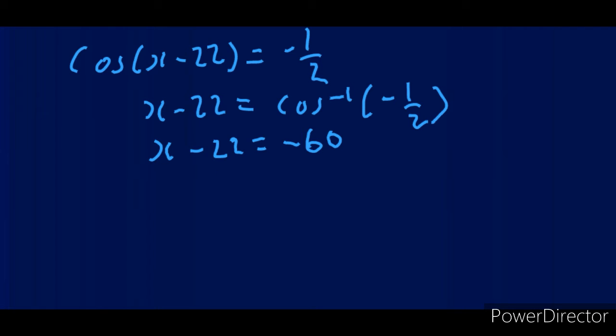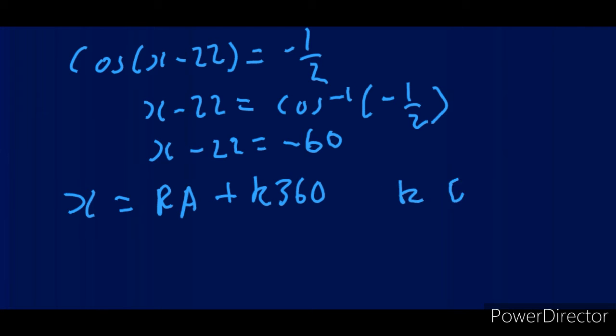So in this case, we are dealing with cos. So where is cos positive? Cos is positive in the first quadrant, so it's reference angle plus k 360, and k is an element of integers. What is on the left hand side, you will take as x, and what is on your right hand side, you will take as the reference angle. So we deal with things a little bit differently here.